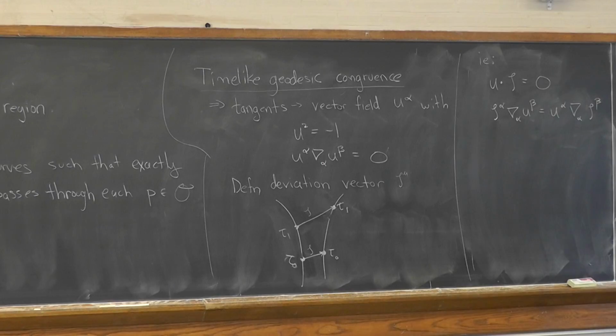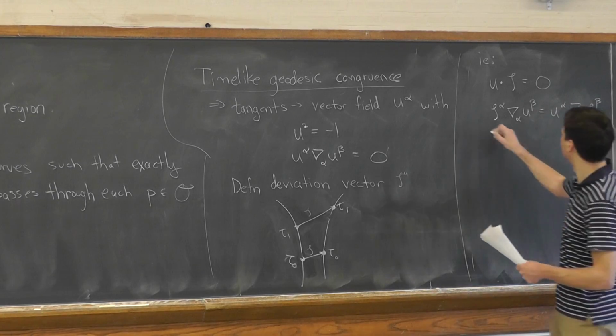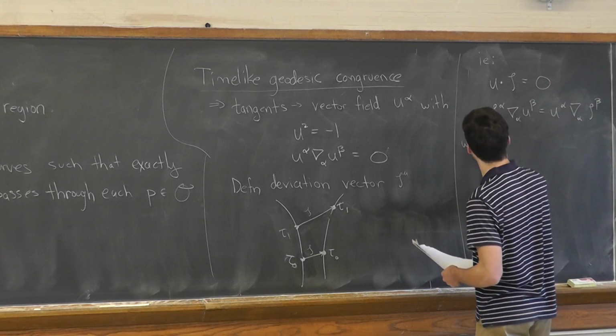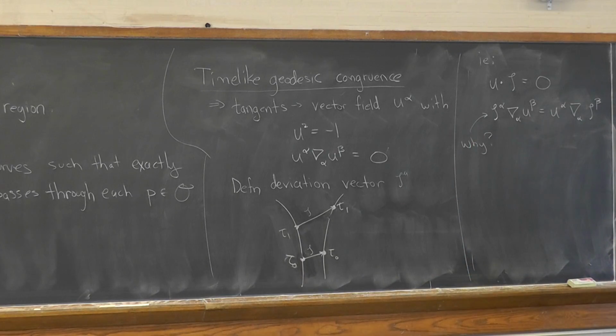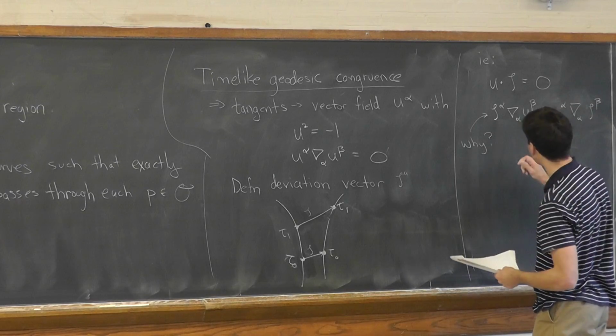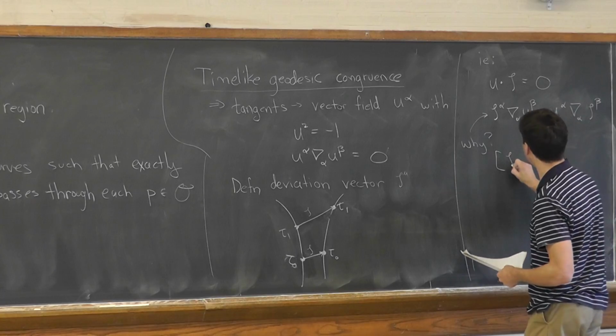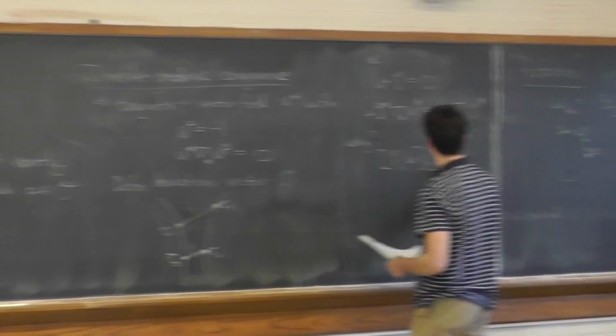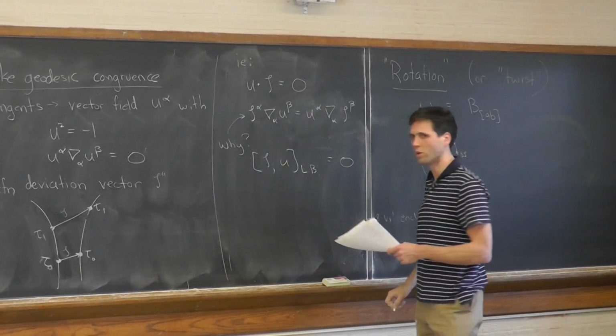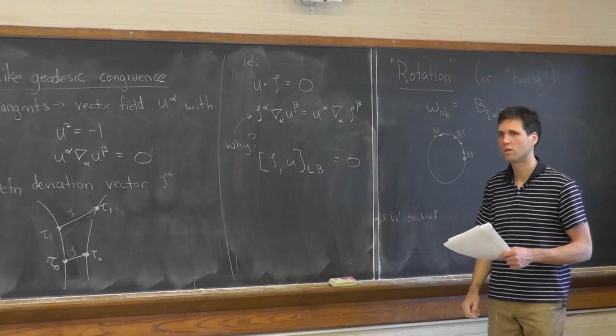So let me tell you why we want to impose that condition. Yeah, this is a Lie bracket. So this is a statement that ζ and u commute under Lie brackets.